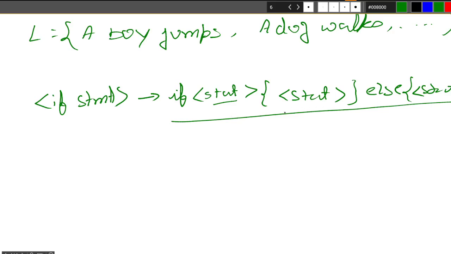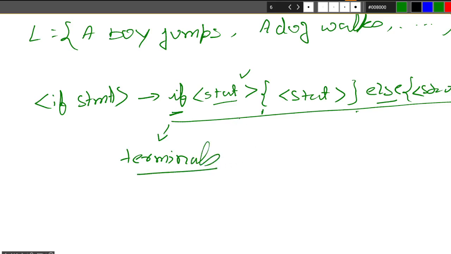Now if you are writing this, you should also define what a statement can be, right? So all these things, if, this brace, else, can be considered as terminals. Terminals are something which are not replaced.